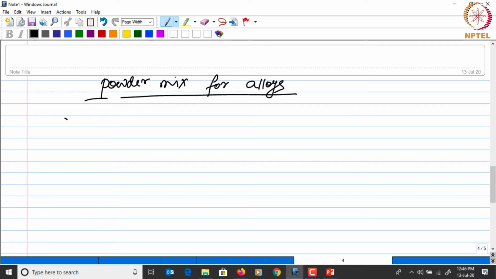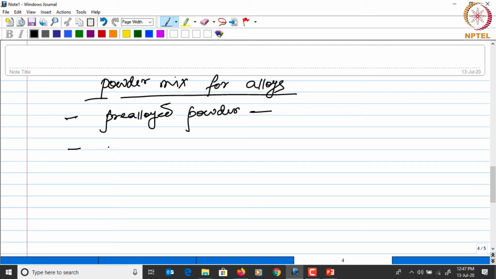So this is an alternative to pre-alloyed powder, which is already alloyed with the alloying element which is needed in the final product. Here, instead of having pre-alloyed powder, the alloying element is mixed with the powder, and that mix is finally sintered for making the alloy. And the advantages of that are several.